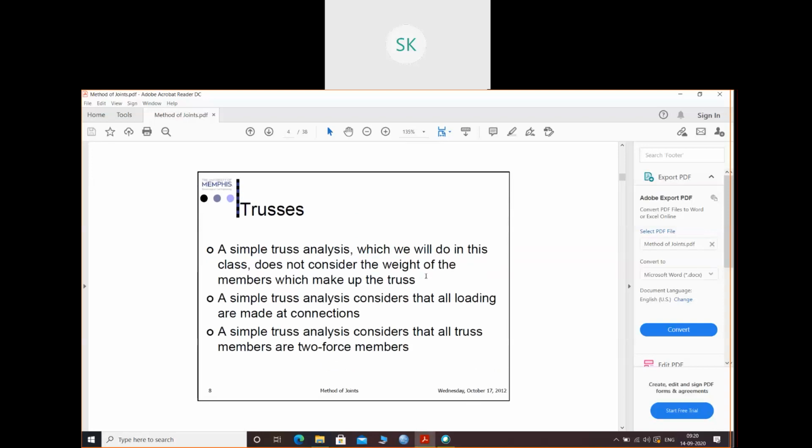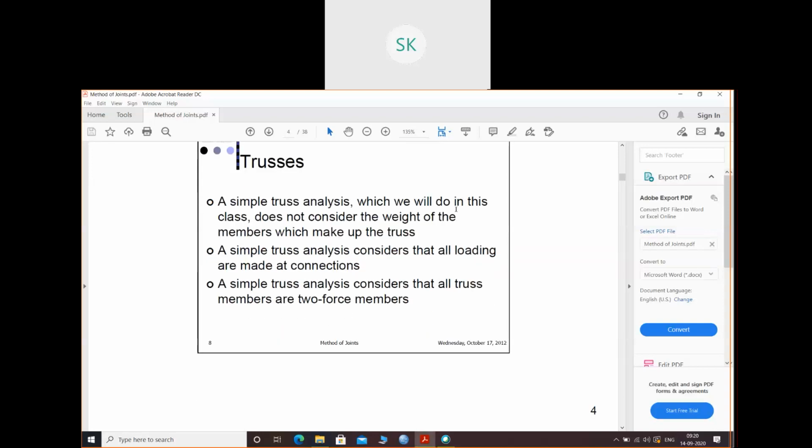Next, a simple truss analysis, which we will do in this class, does not consider the weight of the members. It will not depend on the weight of the members which make up the truss. Whether it is made of iron or another material, we will not consider the weight of the member. The analysis considers that all loadings are made at connections.